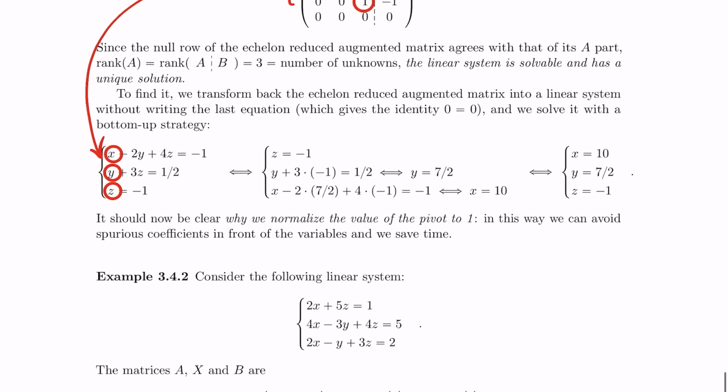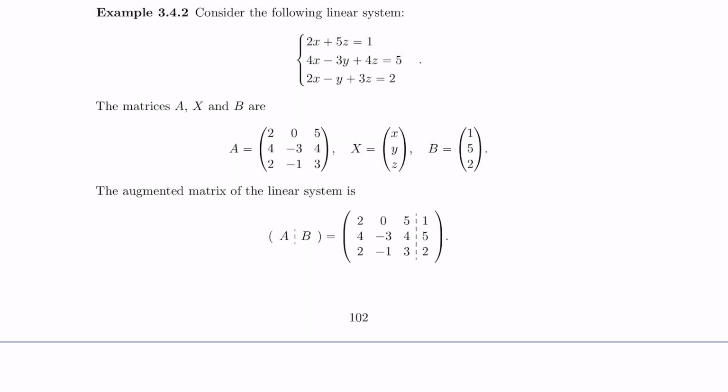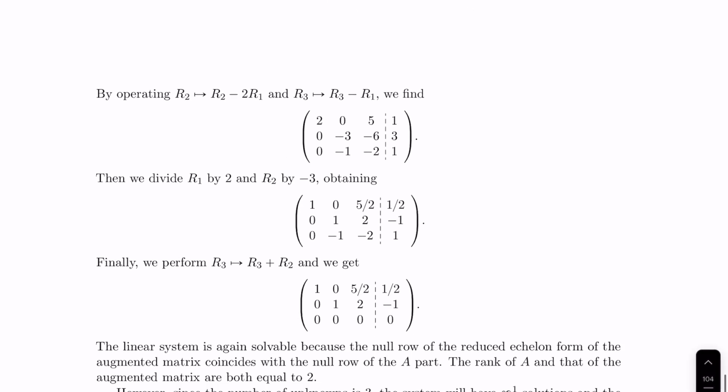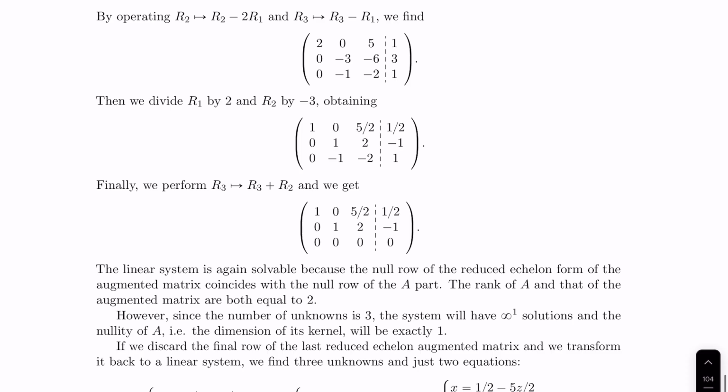Let's consider another example. The matrices associated to this linear system are these ones, and the augmented matrix is written here. To reduce this matrix in row echelon form, we need to nullify these entries here. For that, we perform these two E1 transformations.